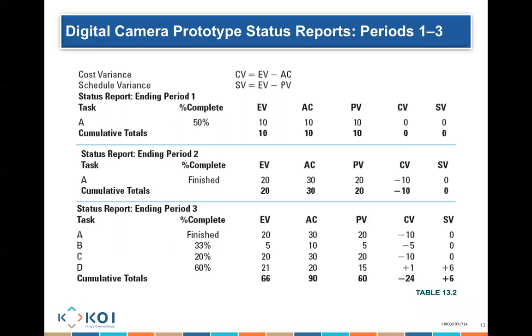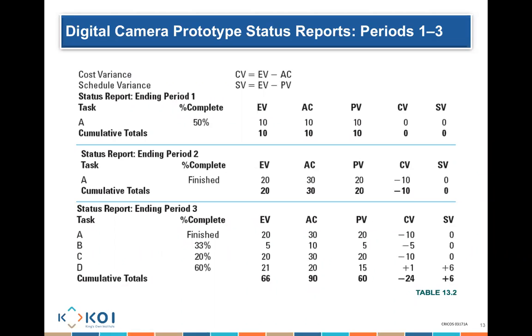No, I'm talking about activity B now. Activity B, the total planned value is 15. If I say I earned 33% of activity B, how much have I earned? $5.